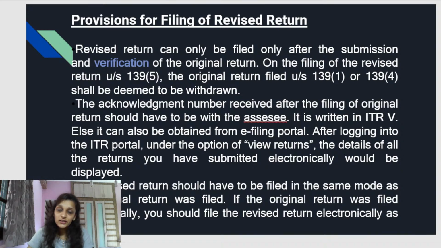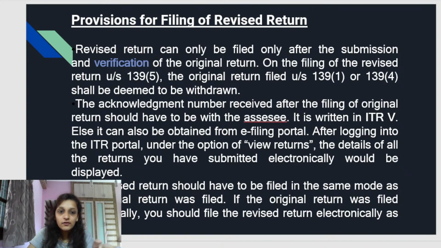Once you have selected the assessment year and the mode of filing, online or offline, you can click on continue. After clicking on continue, you have to select from the available options, that is, resume filing of a saved ITR form or start a fresh filing. If you are filing a revised return for the first time, then only start new filing will appear.